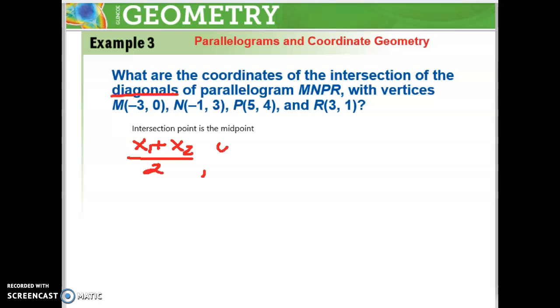Now we're going to do the same thing: y1 plus y2, all divided by 2, and that gives our coordinates.